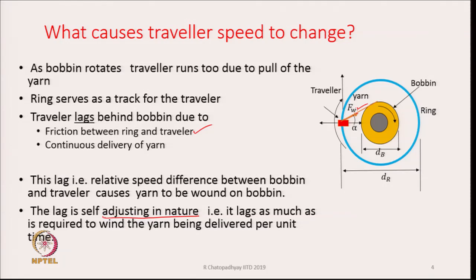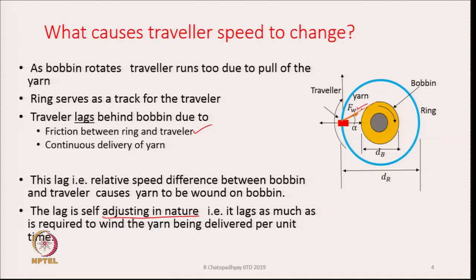See, when we are going for lesser diameter, the winding tension as shown by F w will be more. When you are going for larger diameter, the tension will be less.